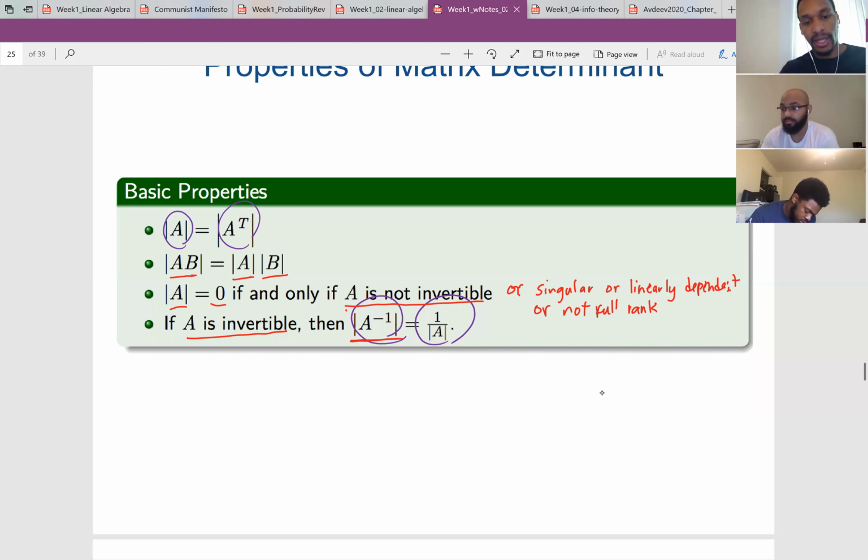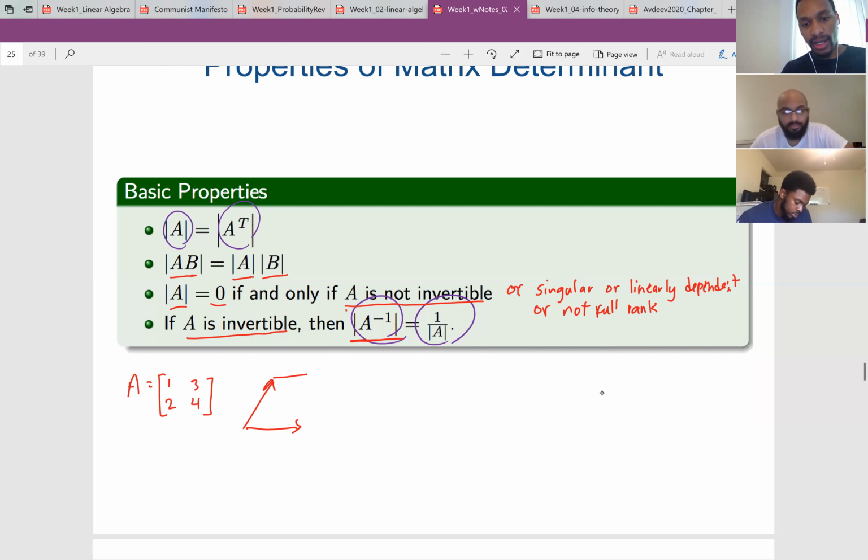So for a 2 by 2, you would have some vectors coming from A, like 1, 2, 3, 4, for example.